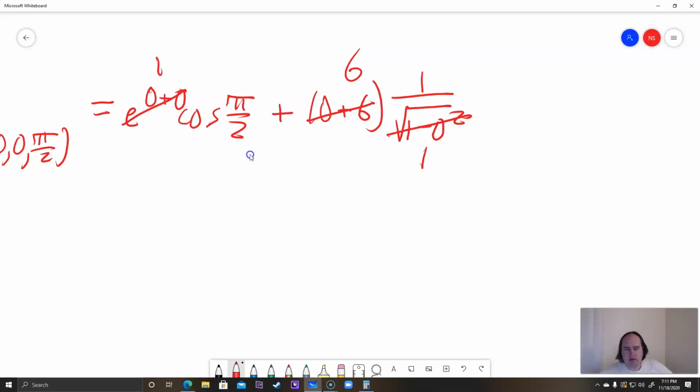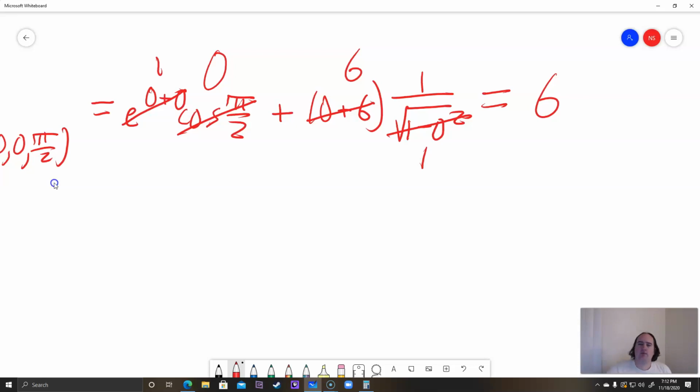Now cosine of pi over 2 is the same as cosine of 90 degrees, and it's the x-coordinate. So we know that the x-coordinate for cosine at 90 degrees is actually 0. So cosine of pi over 2 is 0. So this first term is 0. So this first derivative is actually just going to be 6. Okay?